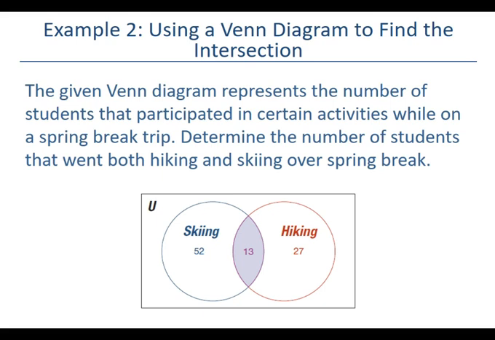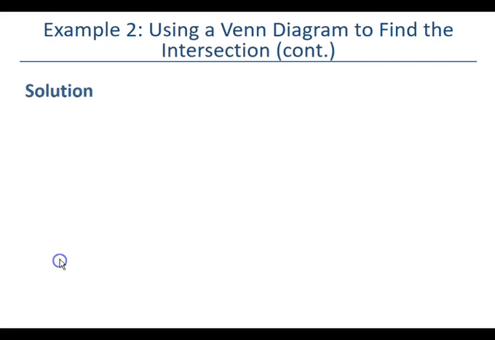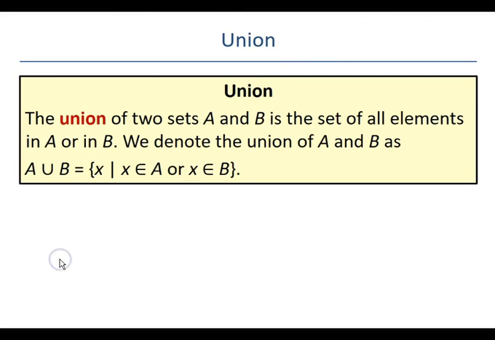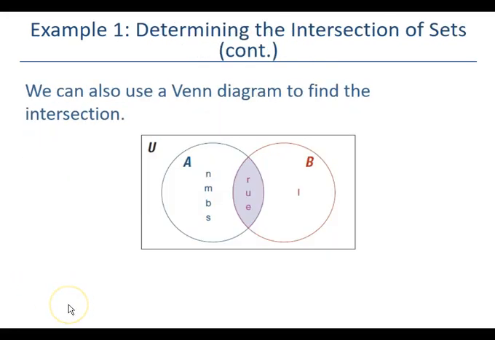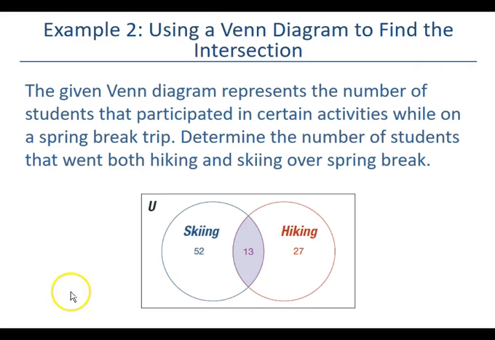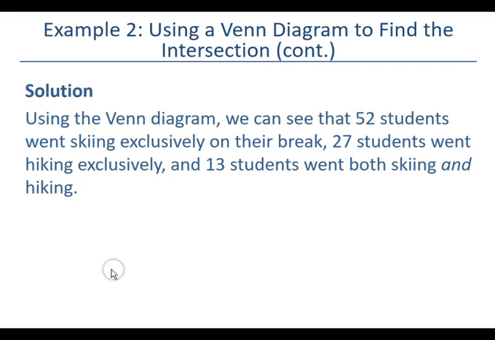By looking at the Venn diagram, can you pick out those who went skiing and hiking? You might say, well, this one's an obvious one. The part that is shaded, and the use of a Venn diagram shows, in this case, intersection. So there is our 13. And then they're laying it out for us nicely.